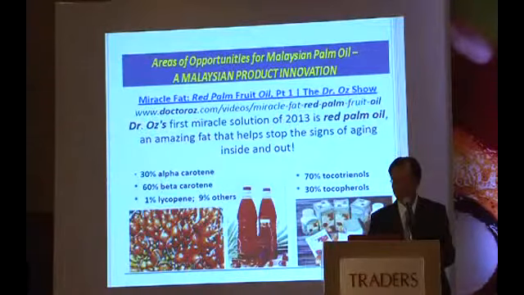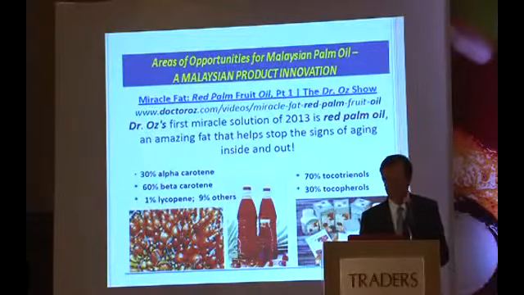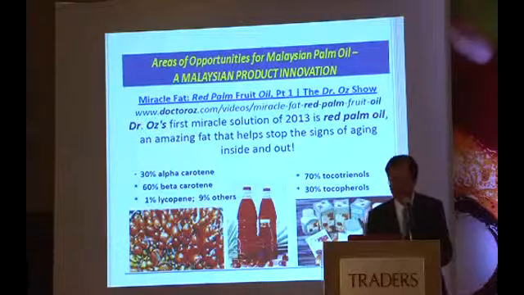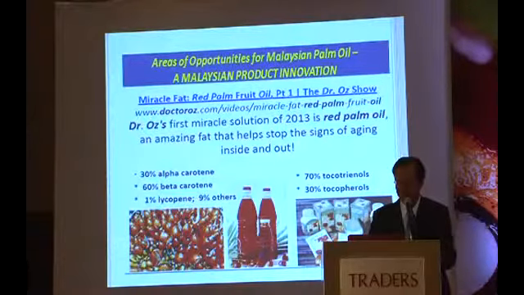So that is part of the nutritional development that we can obtain from endorsement by an American doctor here, very famous TV personality participating in the Oprah Winfrey show.